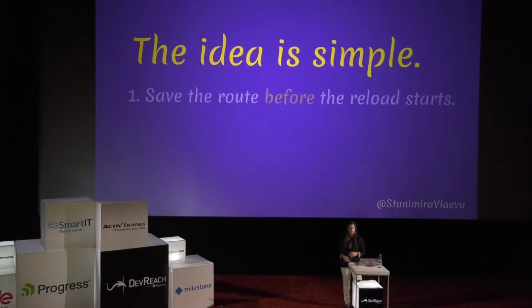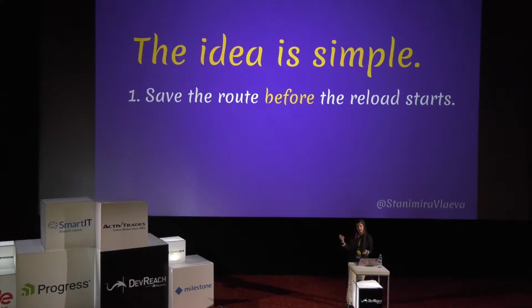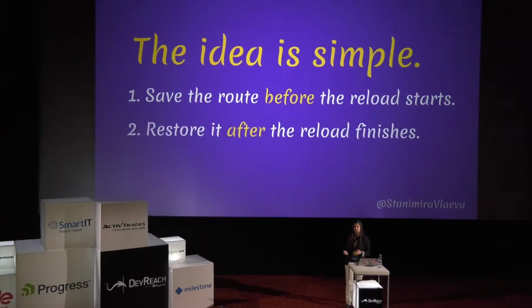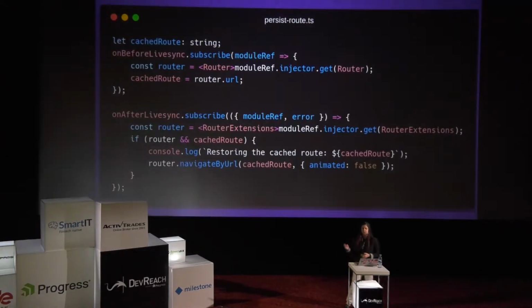It's pretty simple. We should save the route somewhere, for example, in some file, before the load starts, and then we should restore it. We can navigate back to the route. This is some code which is not really important, but in NativeScript we have something called onBeforeLiveSync. Before the reload starts, we're getting an instance of the router, and then we're getting the current URL.